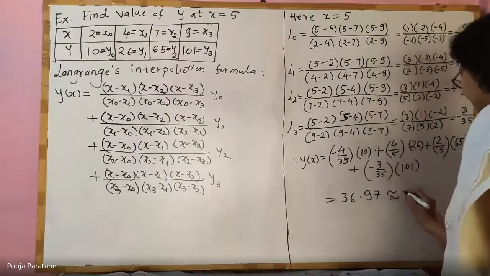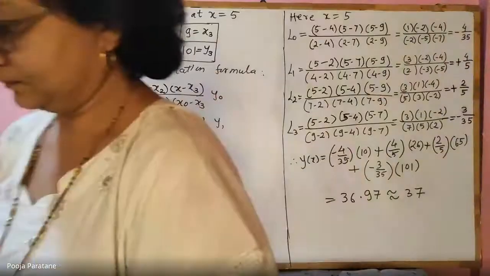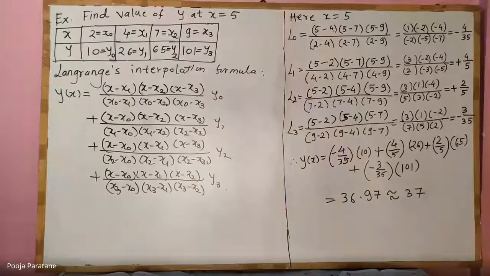So you can write this as nearly equal to 37. So if you observe, x equal to 5 lies between x1 and x2, and the value of y we are getting is 37. So you can check that it lies between the values of y1 and y2, that is 26 and 65.